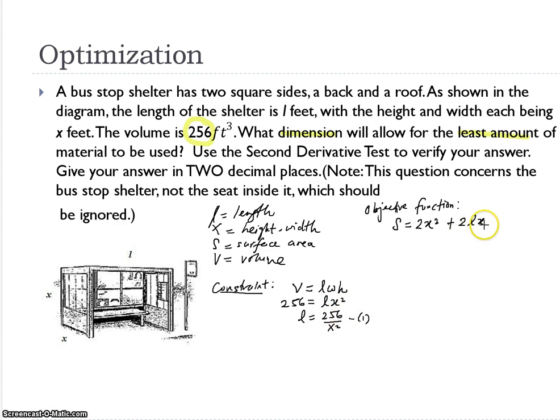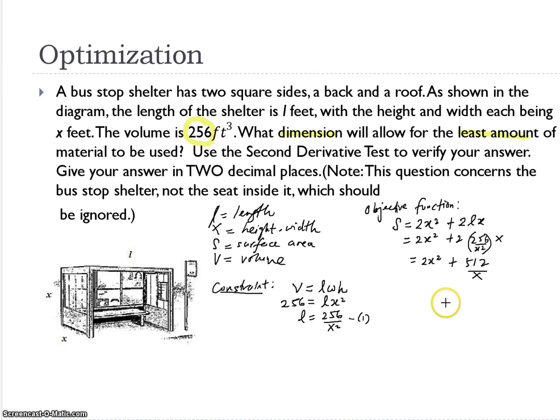We have to express everything in terms of x, so we substitute L equals 256 divided by x squared into the objective function. If we simplify everything, this is our objective function: S equals 2x squared plus 512 divided by x.